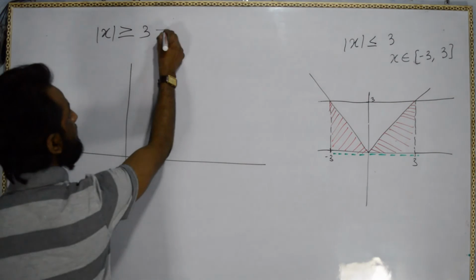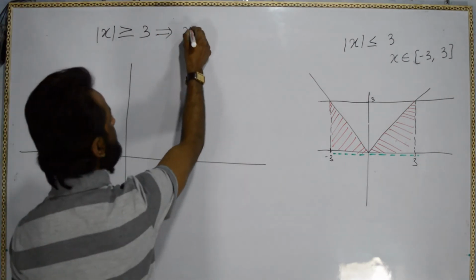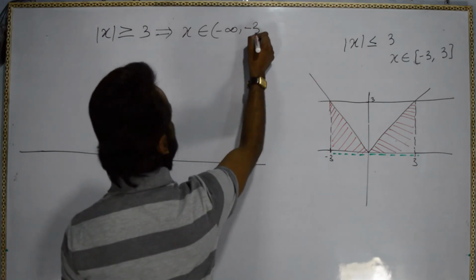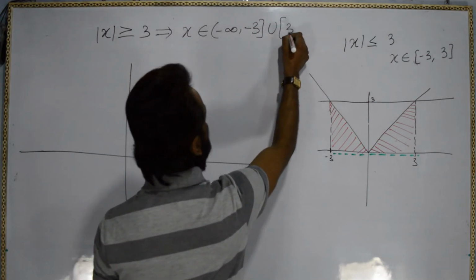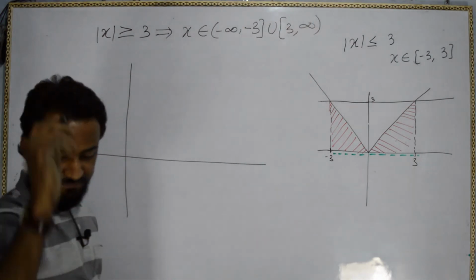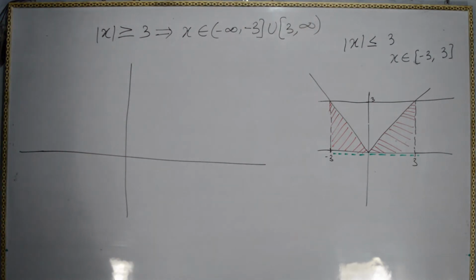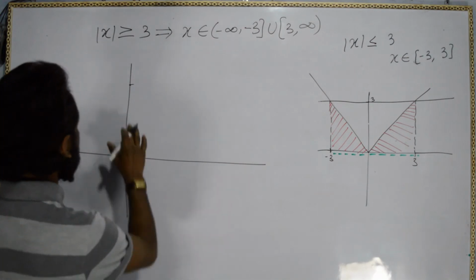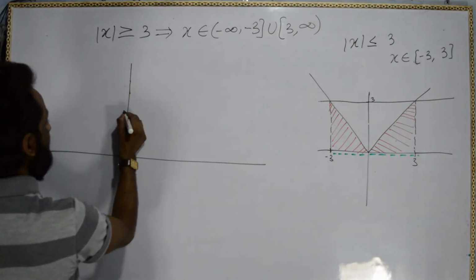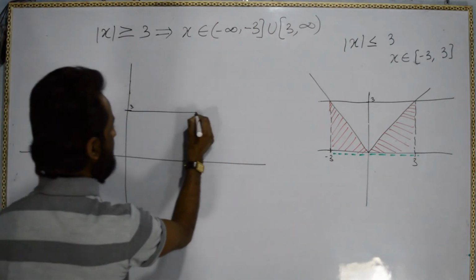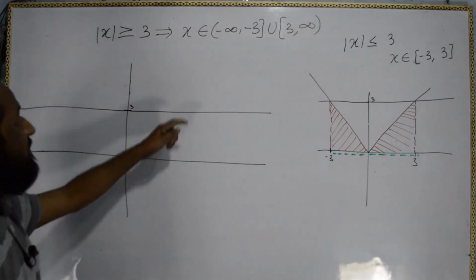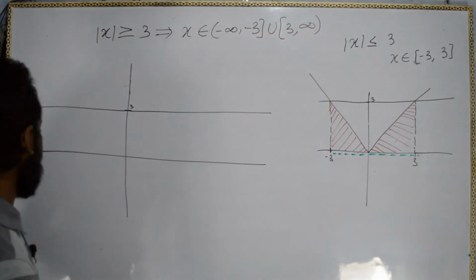So for mod x greater than or equal to 3, what we got actually, x should belong to minus infinity to minus 3 union 3 to infinity. Okay, is it clear? Minus infinity to minus 3. So here it will be 3, not here, I will take little bit down. So if I am taking 3 here, this is the mod x equal to 3 line. Now x is belonging to minus infinity to minus 3.